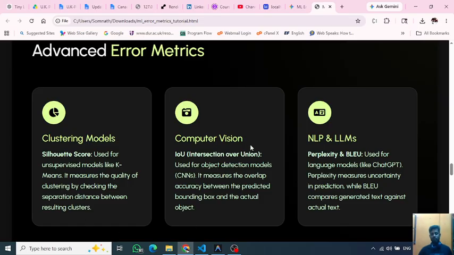Another is for computer vision, IoU, intersection over union. This is used for object detection models like CNN, convolutional neural networks. It measures the overlap between the predicted bounding box and the actual object.